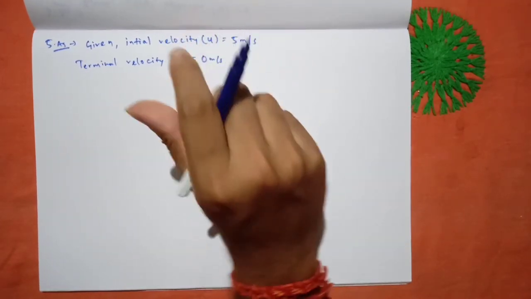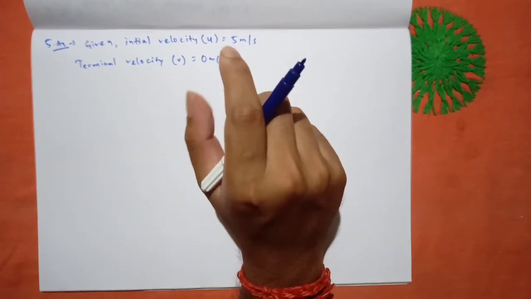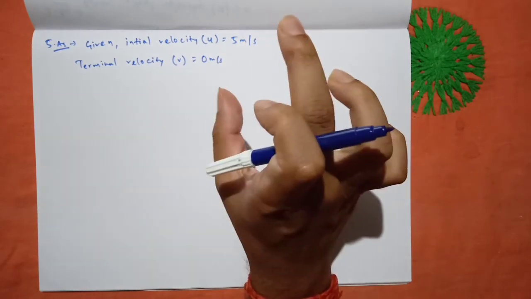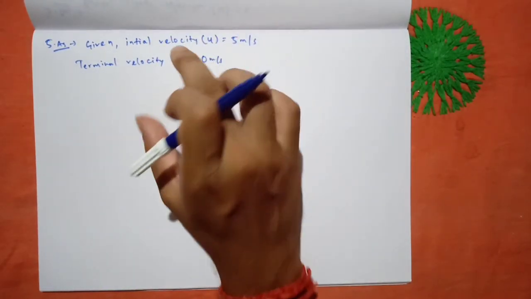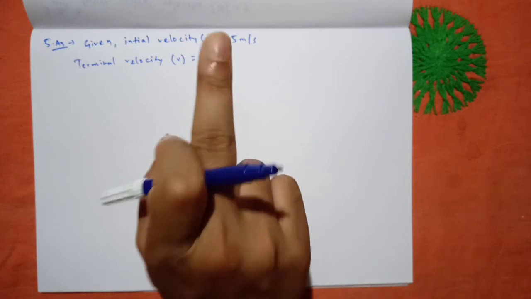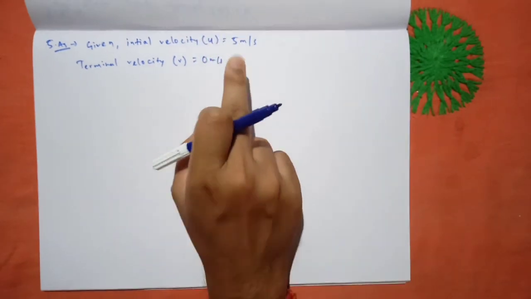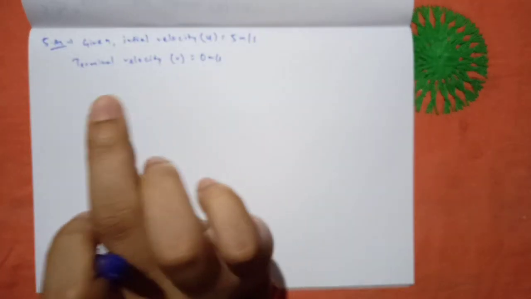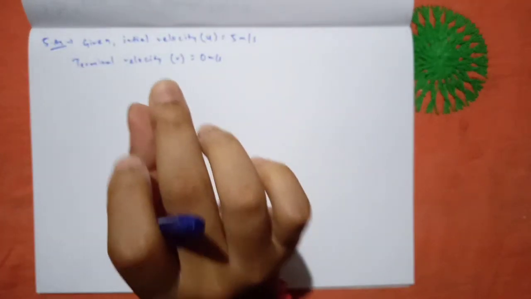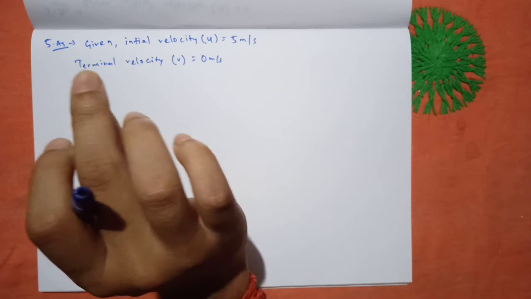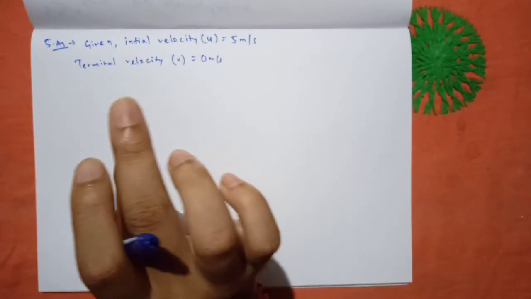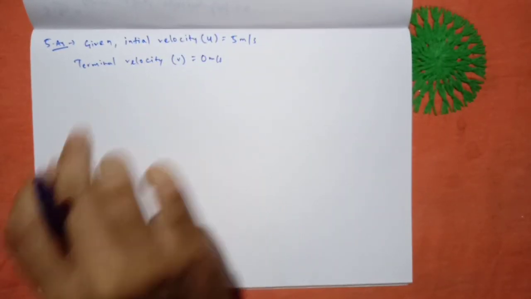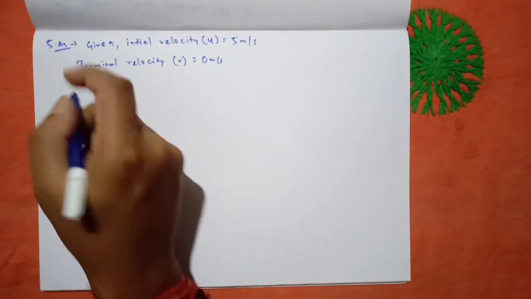Since the stone will reach a position of rest at the point of maximum height, this will become 0, because this will go up, then stop there, and again will go down. So that point is known as the terminal velocity, which will be 0 meter per second, because when it reaches the maximum height, it will be at a position of rest.